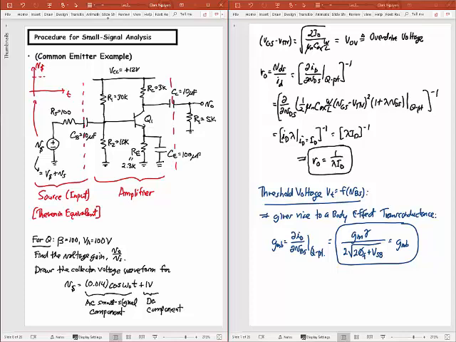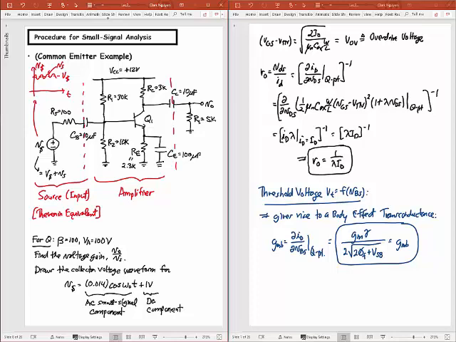And so I have a DC level. That level there is this capital V, capital sub S. And then on top of that, I have this small signal component, where the small signal component is that little v sub s. Okay? So that's what I'm talking about. The total signal is the DC component plus that small signal component. Okay?